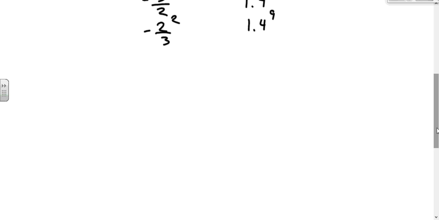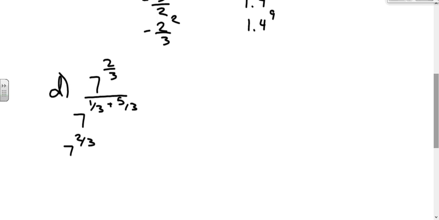I'm going to put B down here. So then this is, we're going to do everything inside the brackets first. So this is 7 to the 2/3 over 7 to the 1/3 plus 5/3, which gives us 7 to the 2/3 minus 6/3, which gives us 7 to the negative 4/3.